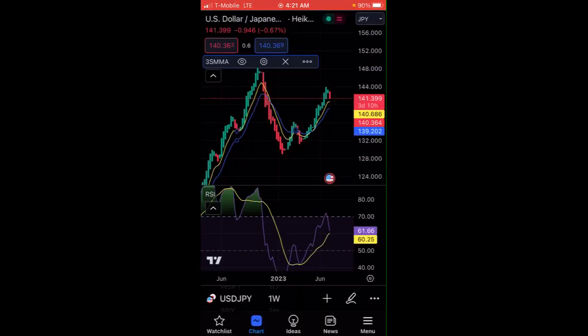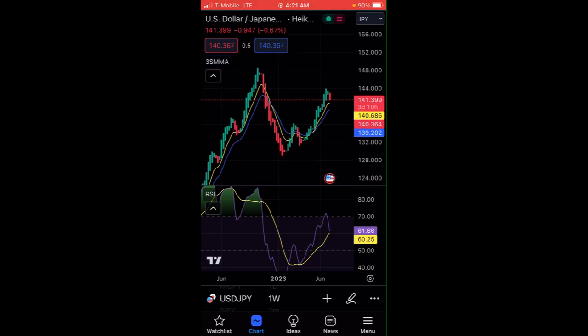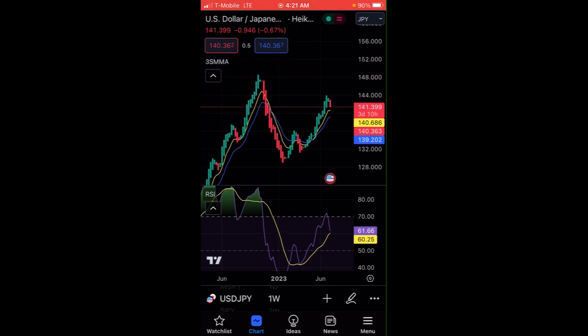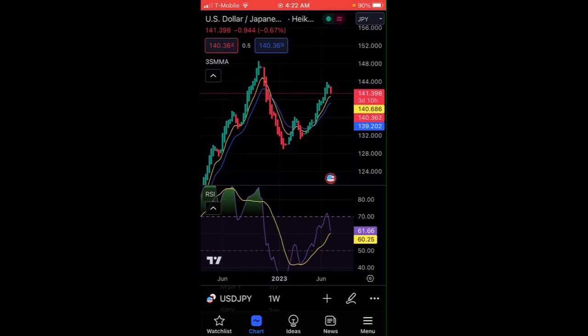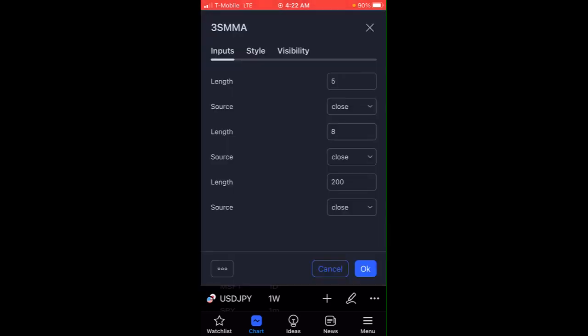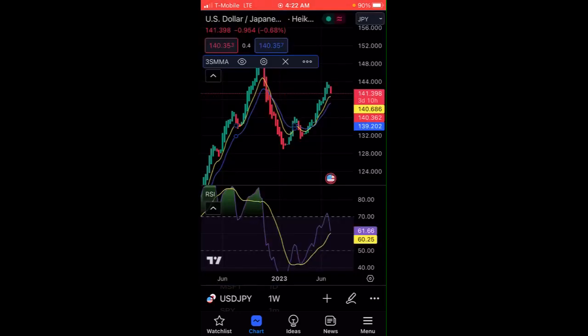What this does is it allows you to have three moving averages combined into one, and it works really well if you do trading on your phone. That way there's less clutter, because otherwise you would have to have three indicators here, and it gets kind of cluttery. But you basically want to load up your EMAs here with 5 and 8, and I use a bright color. And RSI is very important for this strategy.